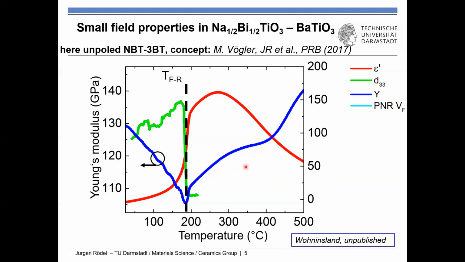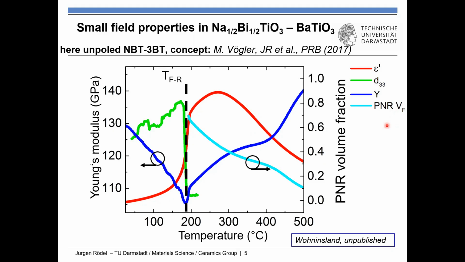And then you have very strange curves here. Now observe what I try to plot here. Here is permittivity, piezoelectric coefficient, Young's modulus, and there seems to be P and R. Volume, that must mean. Now this is a new curve.